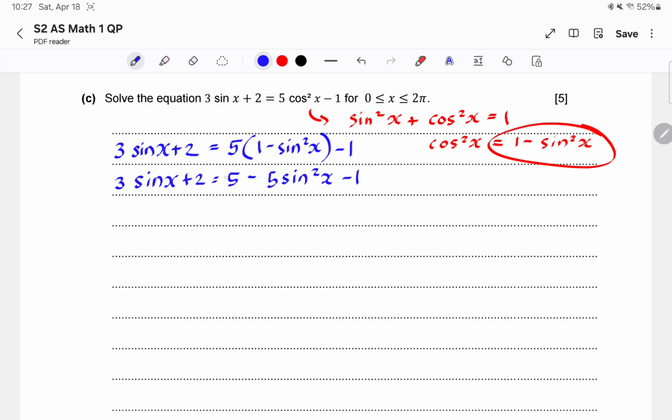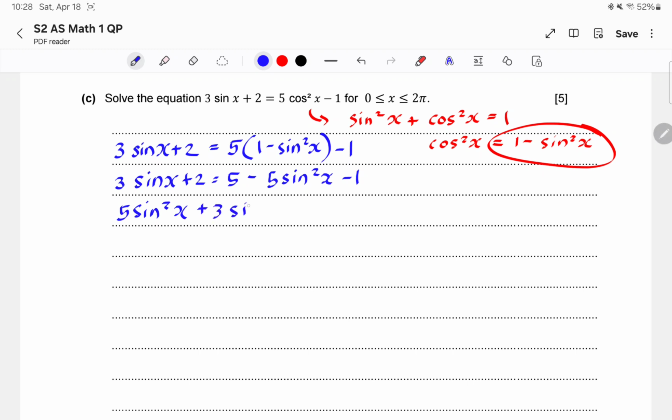I'm going to move everything on the right-hand side to the left-hand side. So that's 5 sine squared x, and then we have negative 4 plus 2, which becomes a minus 2.